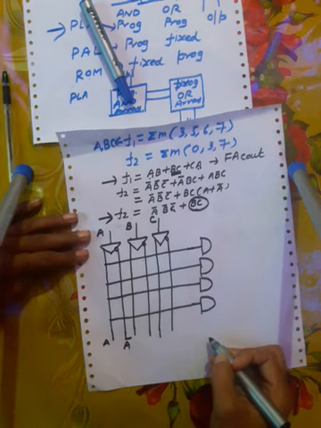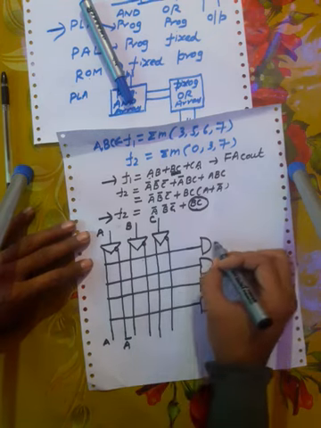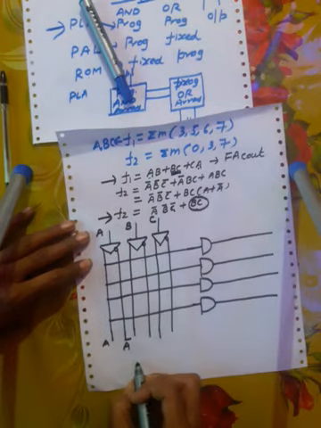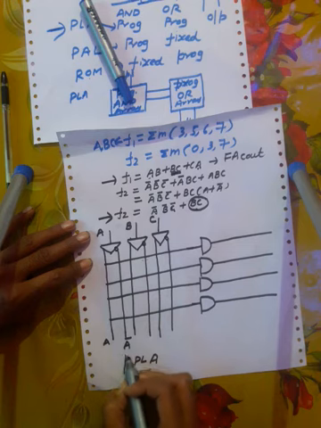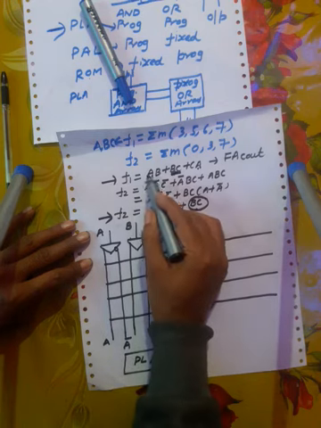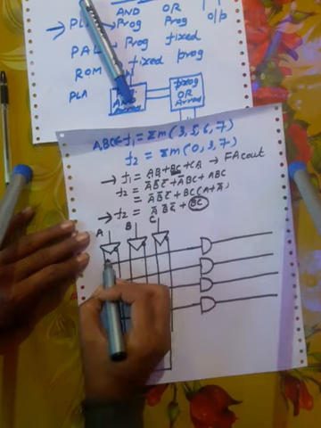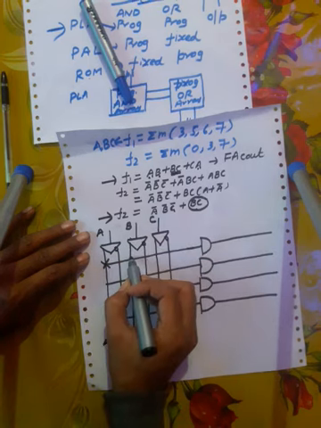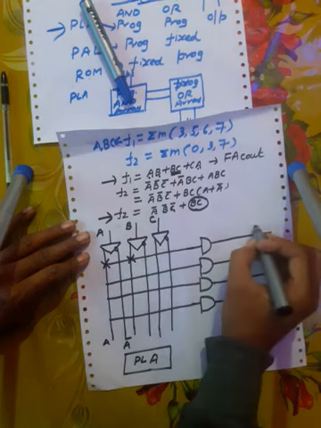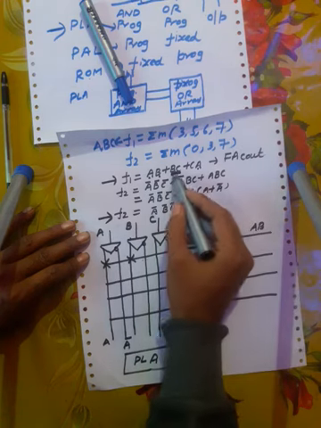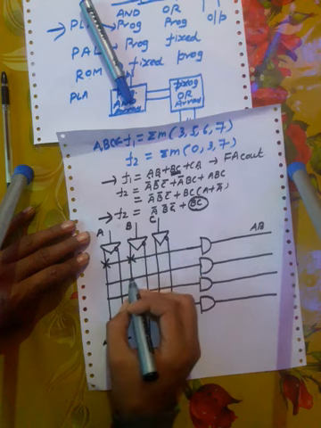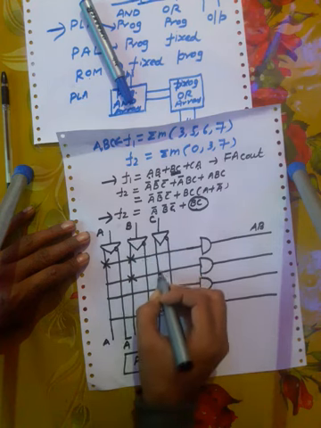This is the AND array. I am implementing by using PLA first. What is AB? A and B. This is your AB. Next, BC: B from here and C from here.